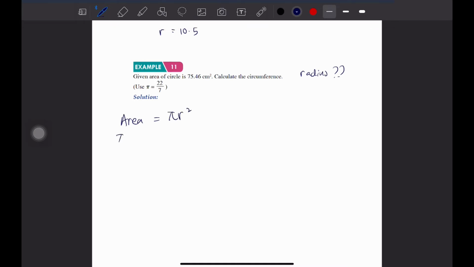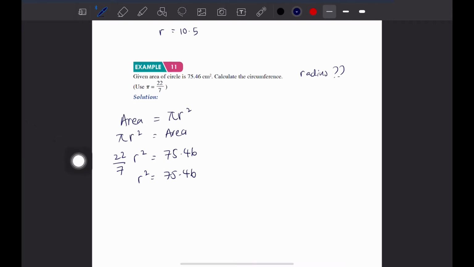Okay, so pi r square is equals to area. So pi is 22/7. Okay, r square is equals to 75.46. Okay, this fraction move to the next side. It will be reciprocal 7/22.